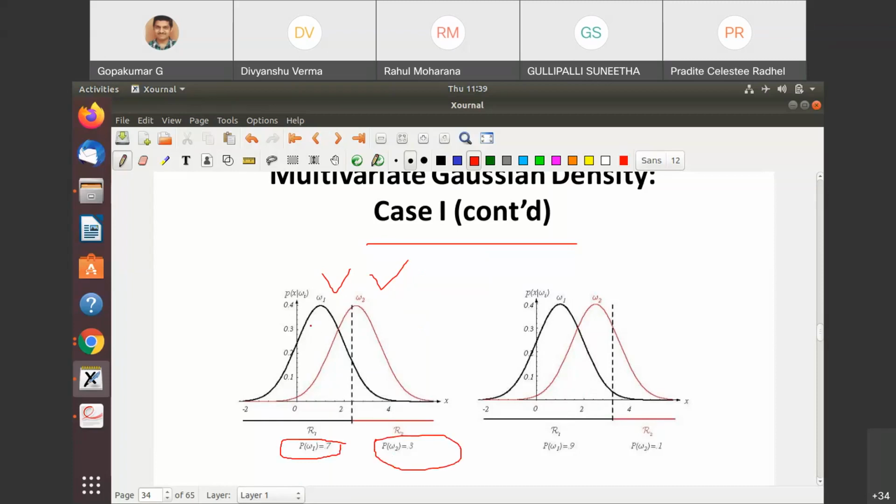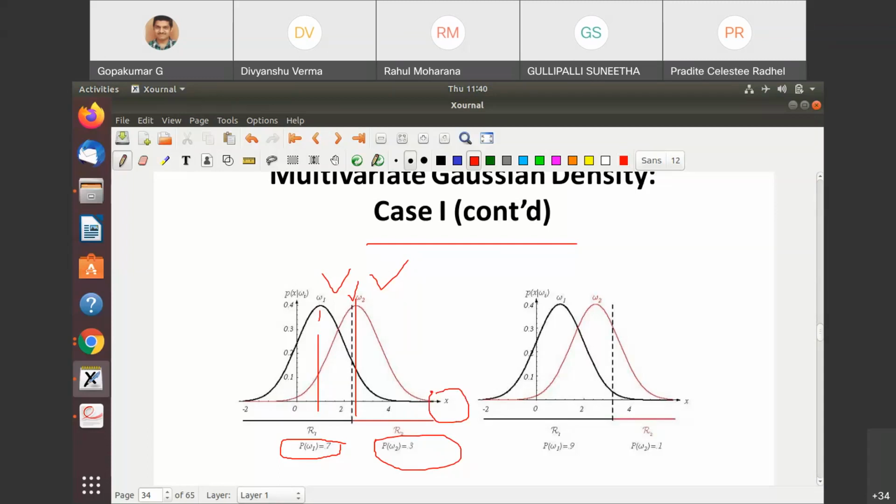This corresponds to mu1, and this corresponds to mu2, the two mean vectors that we can define. And this dotted black line represents our decision boundary, because we are assuming a single feature only, so the hyperplane is going to be a point.